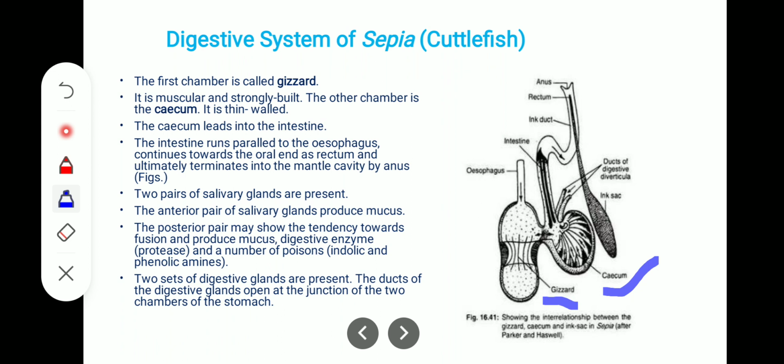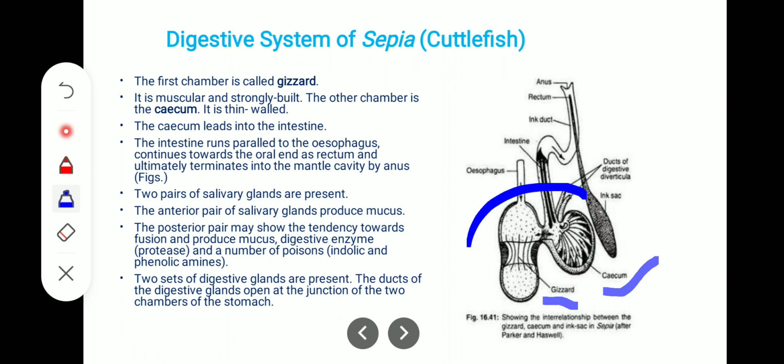So the digestive system of the sepia consists of mouth, then esophagus, then stomach. Stomach is divided into two chambers. First is gizzard, second is cecum. Then the next part of the digestive system is the intestine, then rectum, and finally anus. See the diagram.